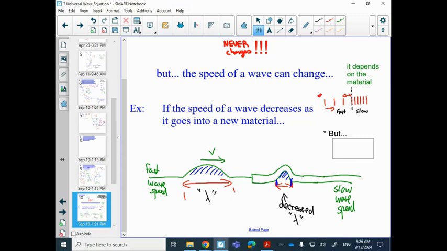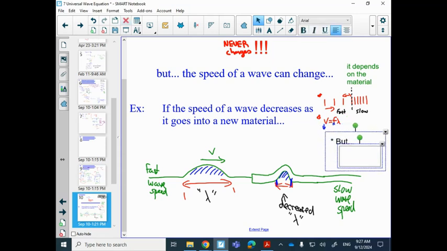If we're looking at the equation, V equals f lambda, mathematically the wavelength has to get smaller, right? Because if the speed decreases, this number has to stay the same. The frequency is still just whatever value. We have to have a smaller number multiplying onto an equal value. So picture this.